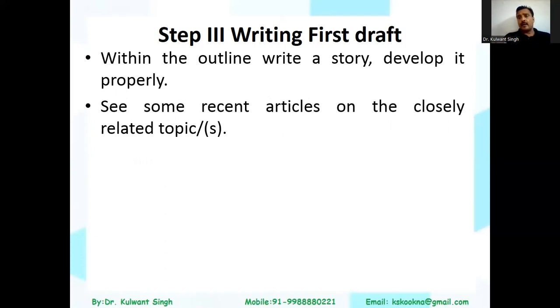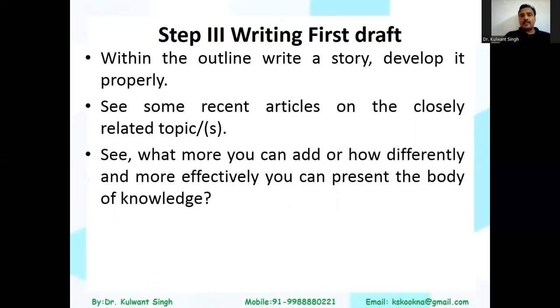It means from your targeted journal or any journal, take a few review papers very close to your topic and go through that topic. See what more you can add and how differently and more effectively you can present the knowledge in your article.